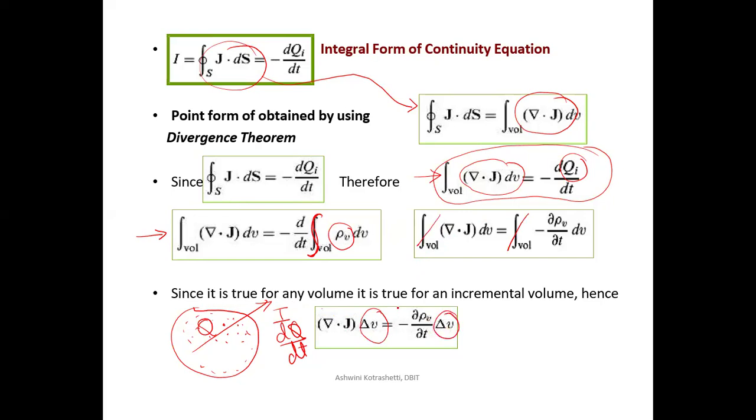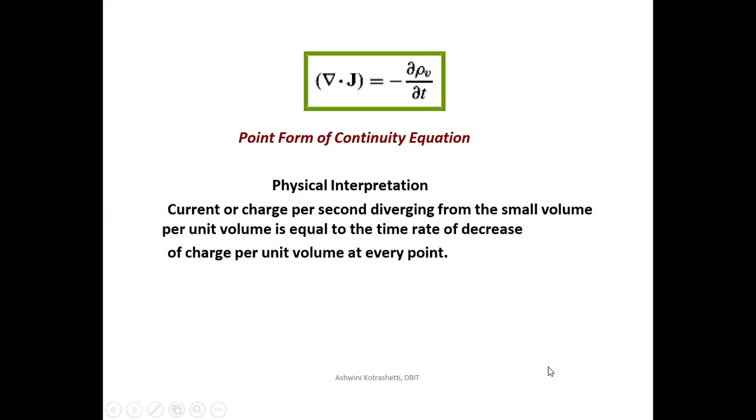Now eventually these two will get cancelled, and what I will have in return is del dot J equal to minus ∂ρv/∂t. Now this is your continuity equation.